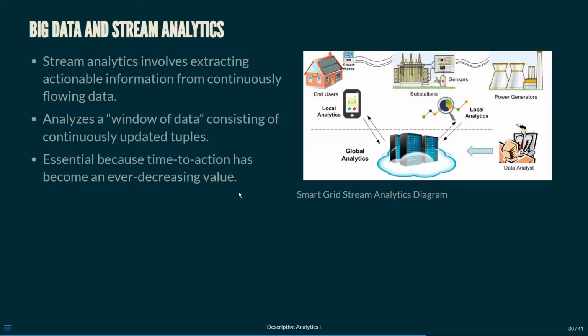Now, we also have big data in the form of stream analytics. We define stream analytics as extracting actionable information from continuously flowing data. So these are data with high velocities happening in real time, especially sensor-based data like you can see here in the smart grid analytics diagram, where you have sensors sending the data directly to the database.